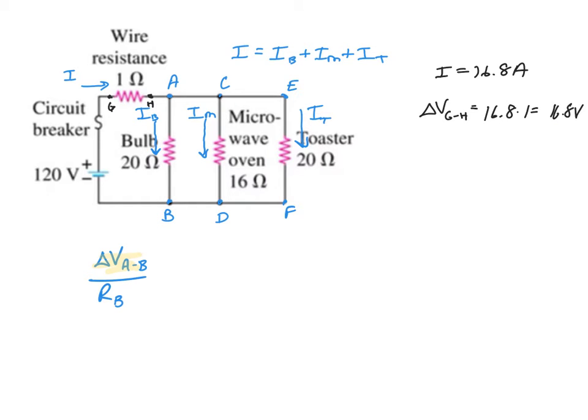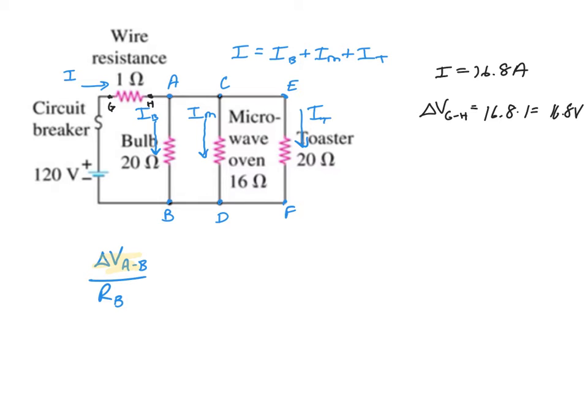So of the 120 volts, if you remember, as you were measuring the circuit with the two leads on the voltmeter, if you measured the difference across that 1 ohm resistor, you would have a 16.8 volt difference.